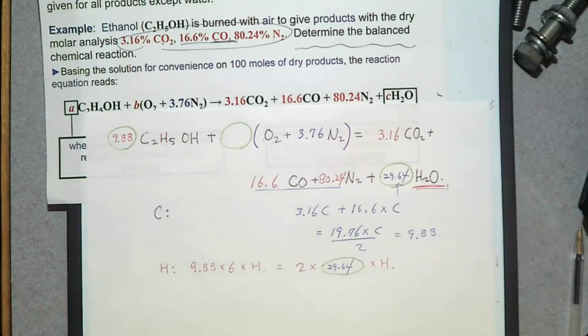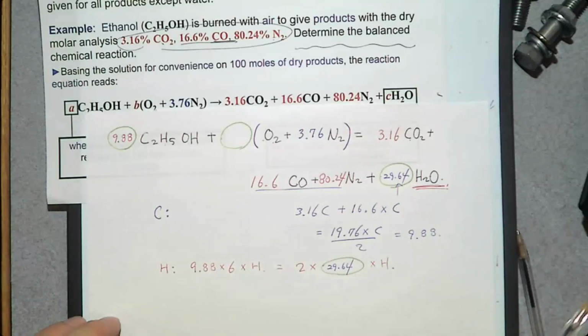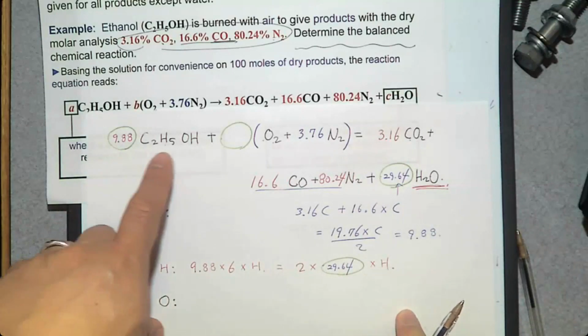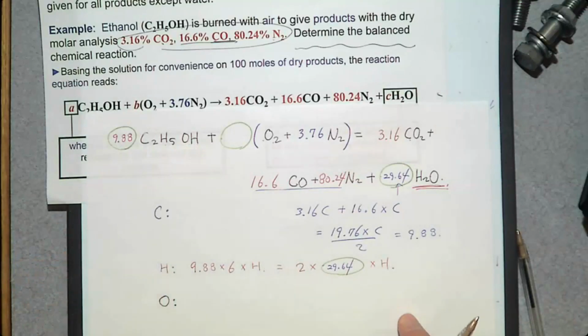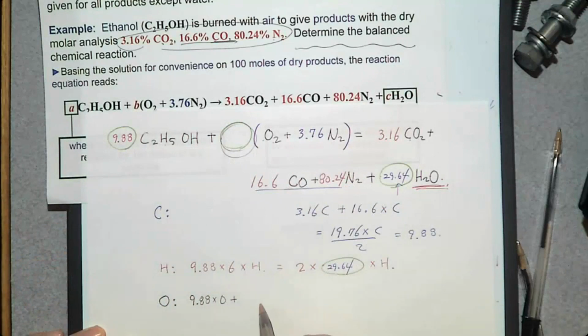29.64. So the last one is oxygen. Let's talk about oxygen. We have 1 oxygen atom in 1 molecule of ethanol. So that means 9.88 times oxygen, plus how many moles of air?